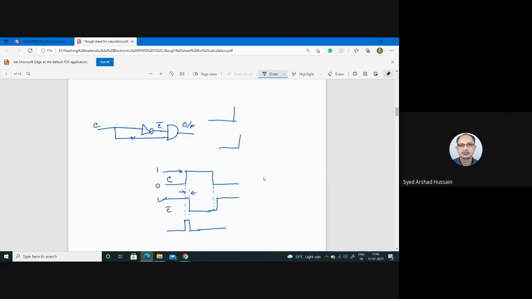Okay, so this is your output. If you give this small circuit in your clock pulse, then your output will change only during this transition, because this remains high only for this small triggering pulse.